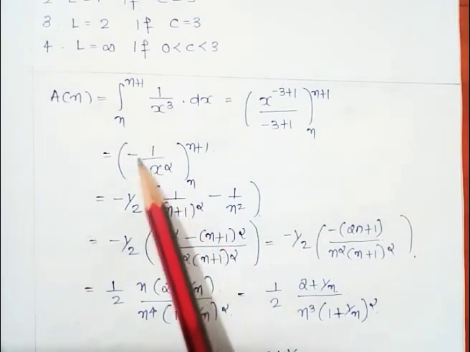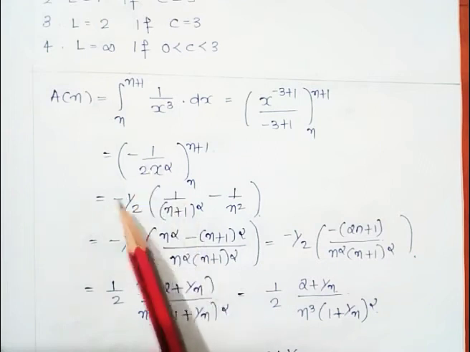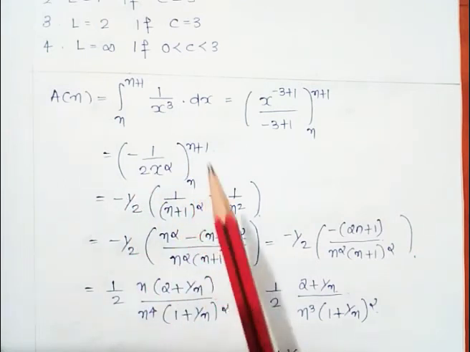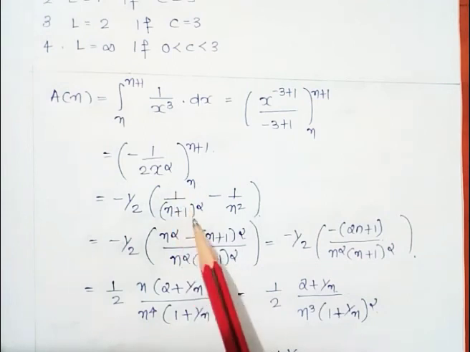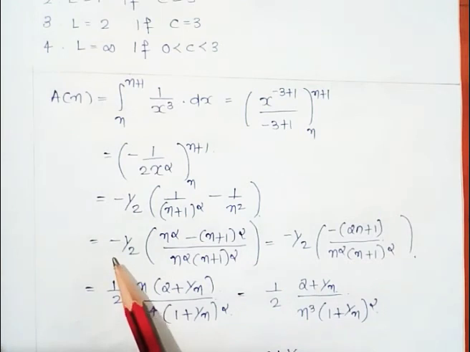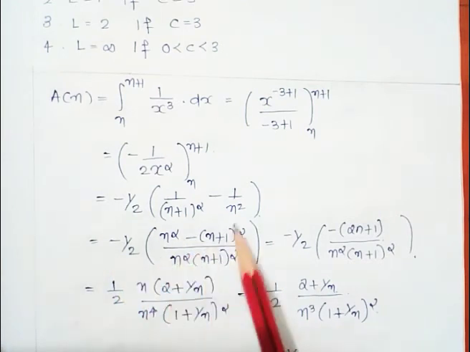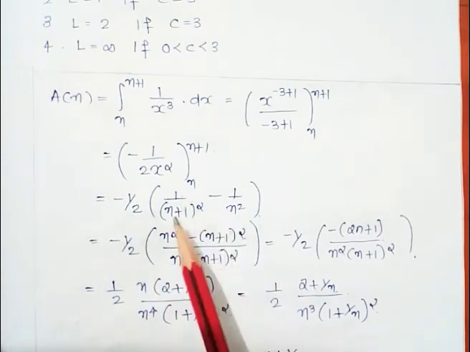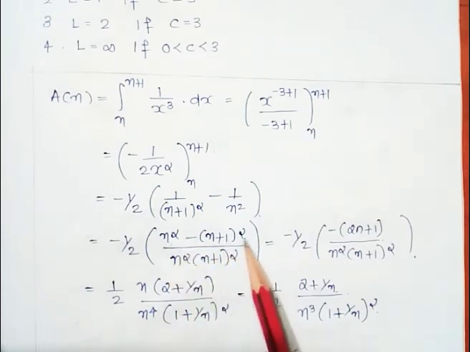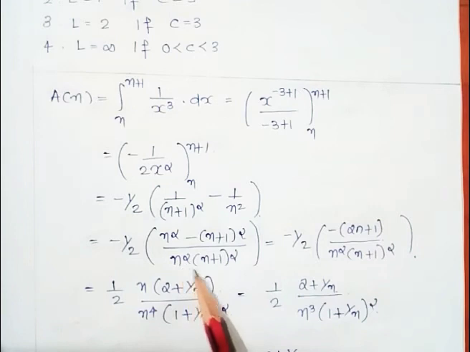Now 1 by 2 is a constant, so take it outside: minus 1 by 2 into, then applying the limit, 1 by (n+1)^2 minus 1 by n^2. So which is equal to minus 1 by 2 into, rearranging this, we get n^2 minus (n+1)^2 divided by n^2 into (n+1)^2.